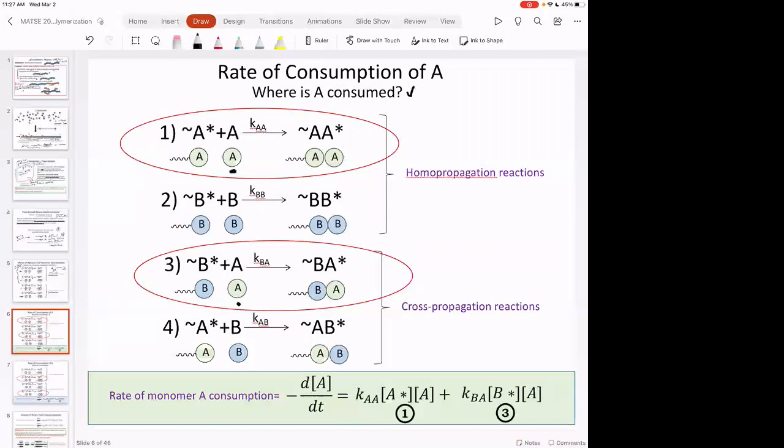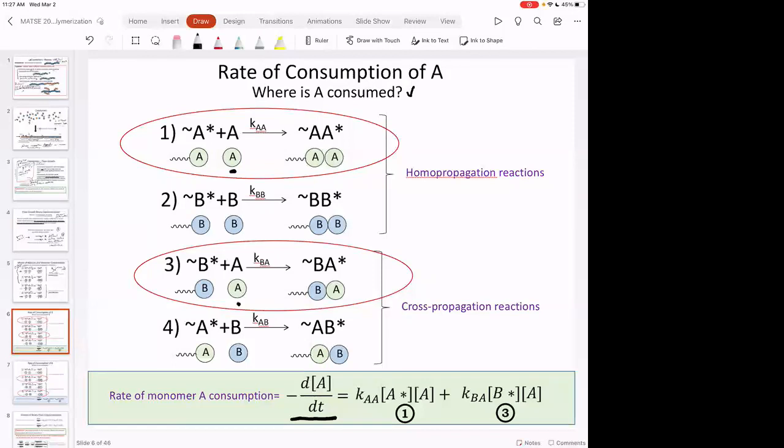And so we can write down a rate expression for that. Remember, the rate of polymerization is defined by the rate of disappearance of the monomer versus time. So you've seen this definition before. As the monomer concentration is going down, we can define that rate.